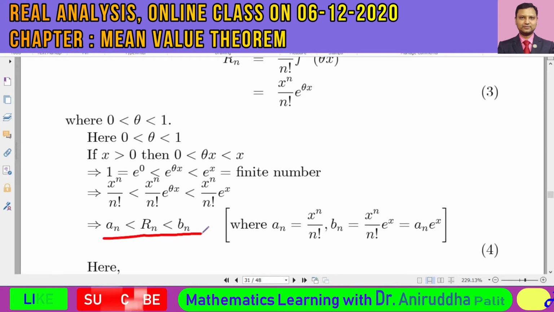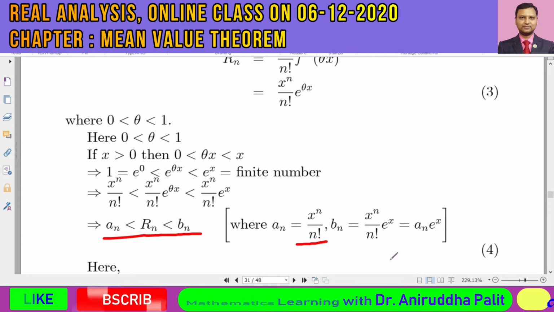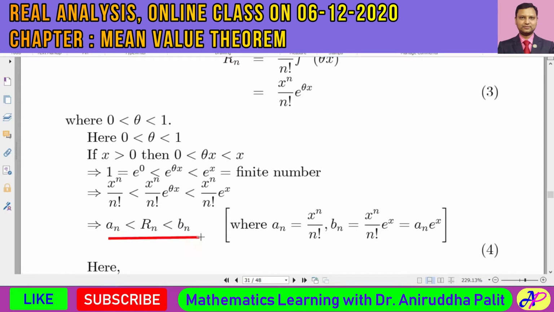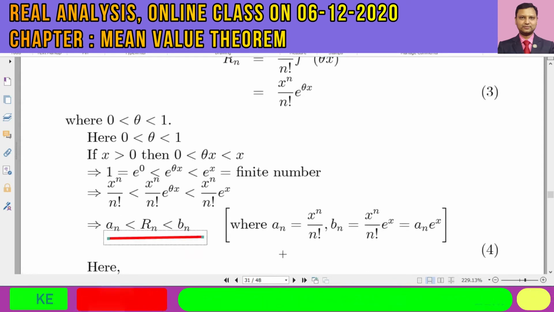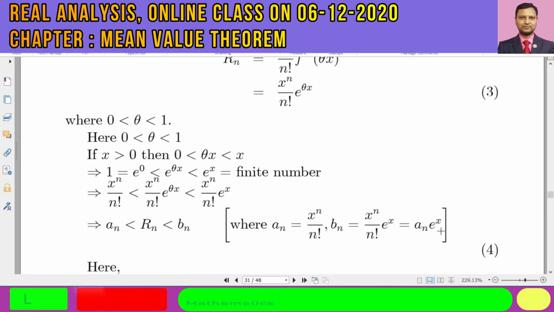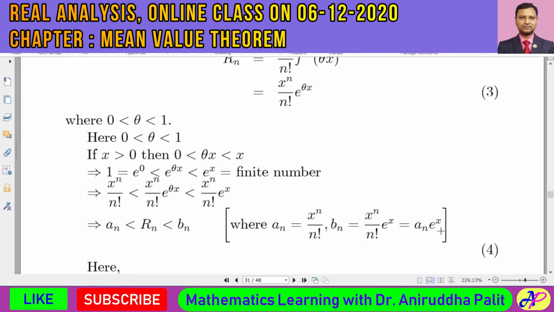It is written as an less than Rn and Rn less than bn, where an is equal to x to the power of n by factorial of n, and bn is equal to x to the power of n by factorial of n into e to the power of x, which is equal to an multiplied by e to the power of x. Therefore, we can continue our discussion for any positive or negative value of x.